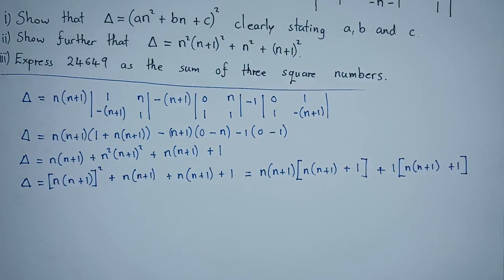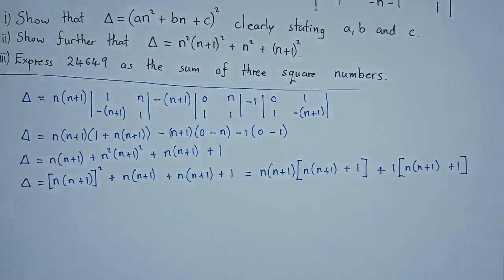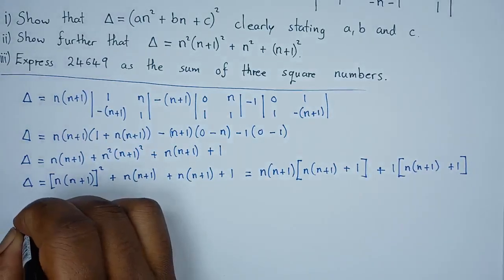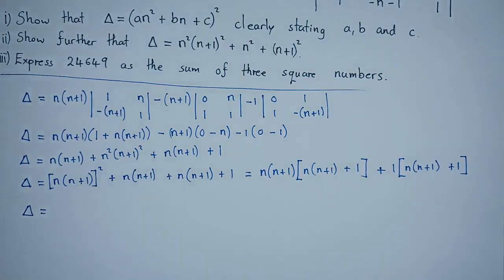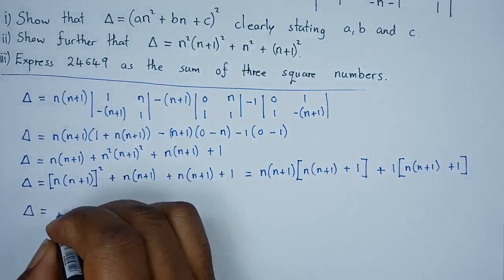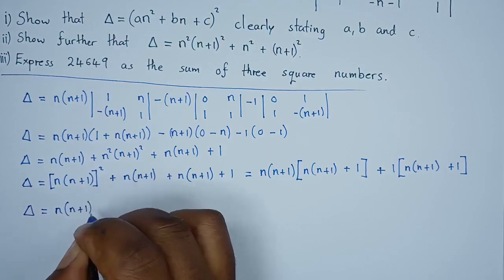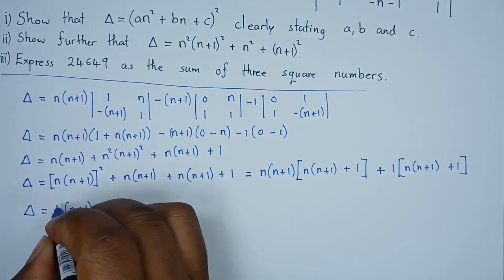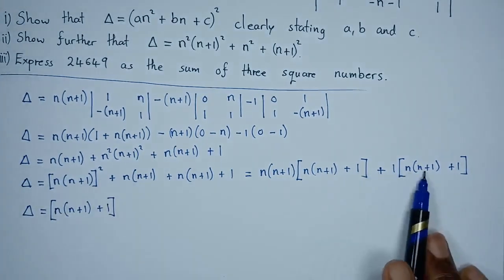Now, if you look at this, this bracket and this bracket are the same. So let's factor out the same bracket. What we're going to get in this case will be n plus 1 plus 1. So this is the bracket which is common.